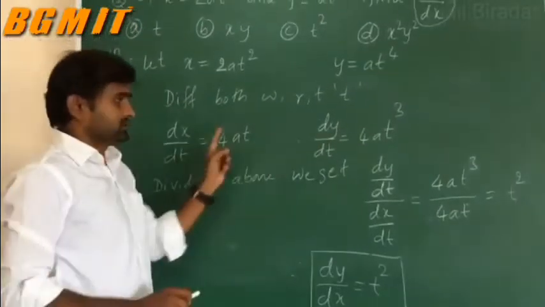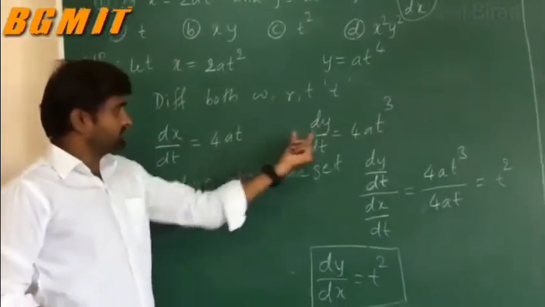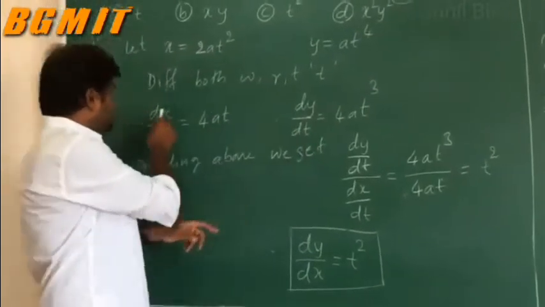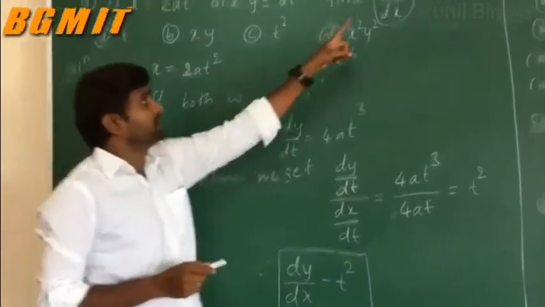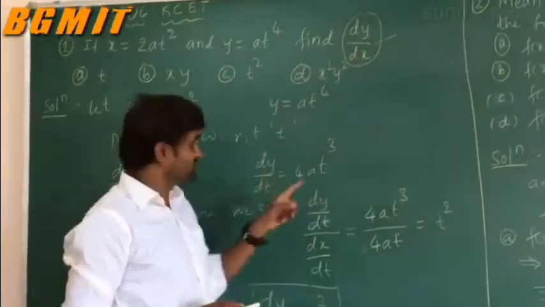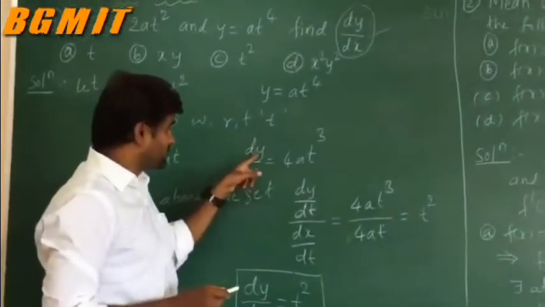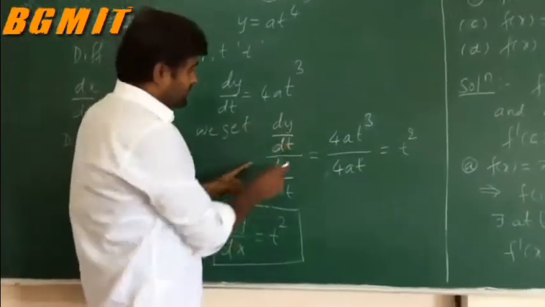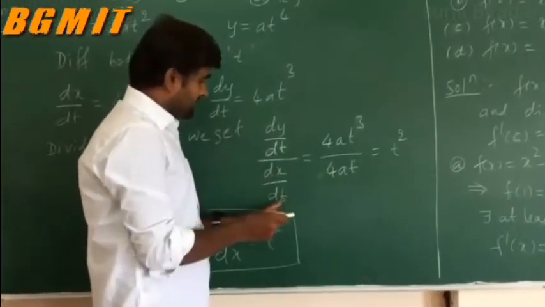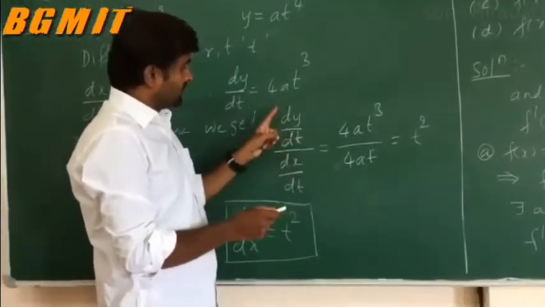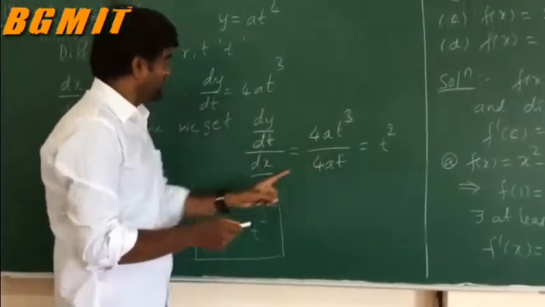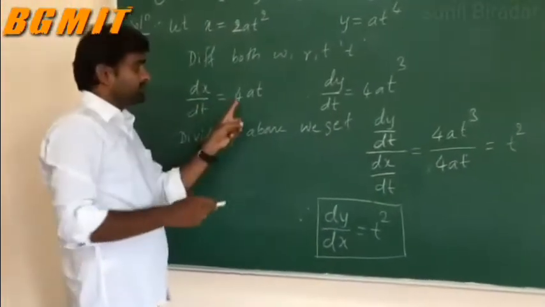Then divide both. Dividing these two, we get dy by dt divided by dx by dt, because we need dy by dx. That's why I am taking this as numerator and this as denominator. dy by dt divided by dx by dt equals 4at cube divided by 4at.